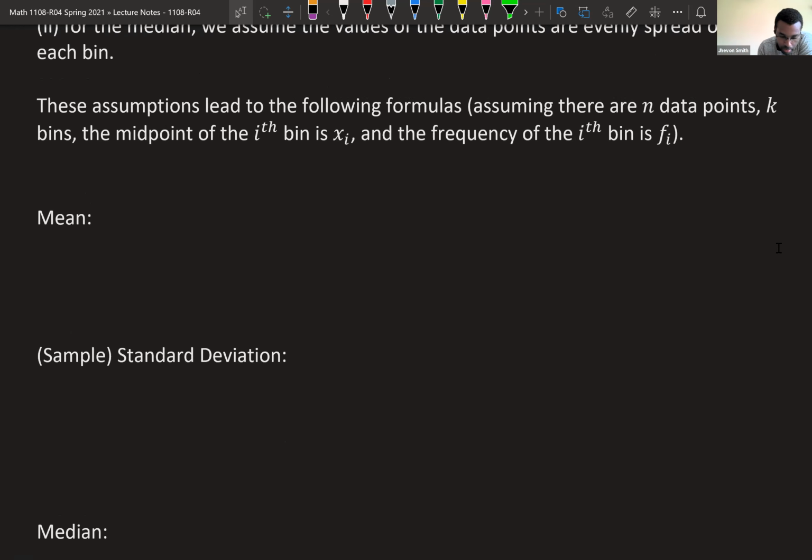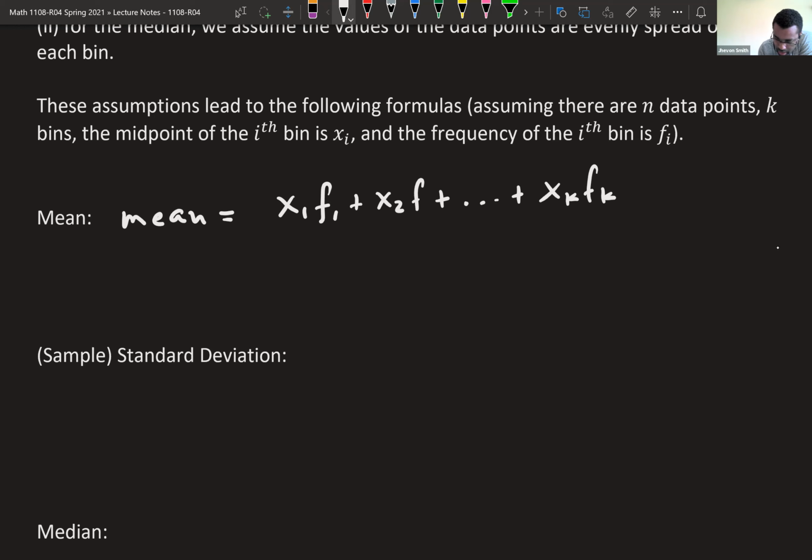So the mean would be given by, well, you're going to take the median value in the first group multiplied by the frequency in the first group, plus the median value in the second group multiplied by the frequency in the second group, going all the way down to the median in the kth group times the frequency in the kth group, and you're going to divide that by n, the number of original data points that you had.